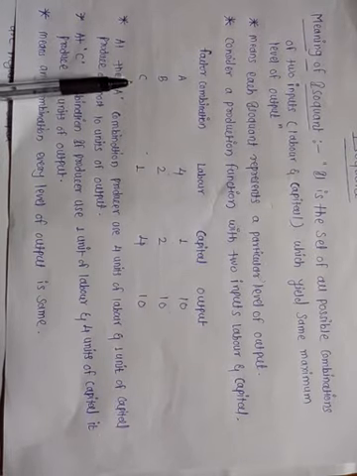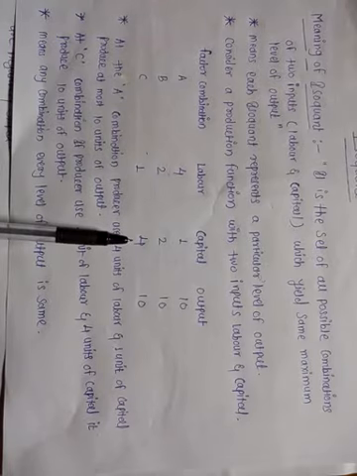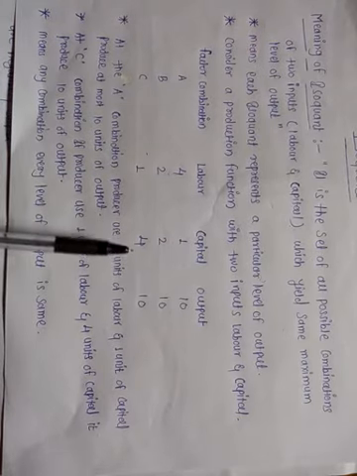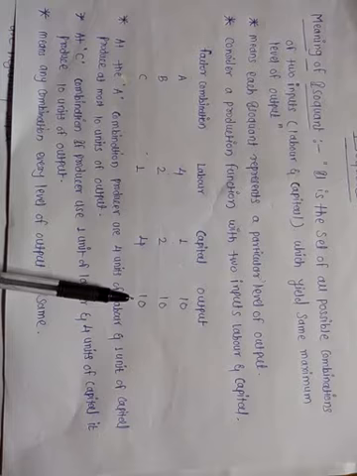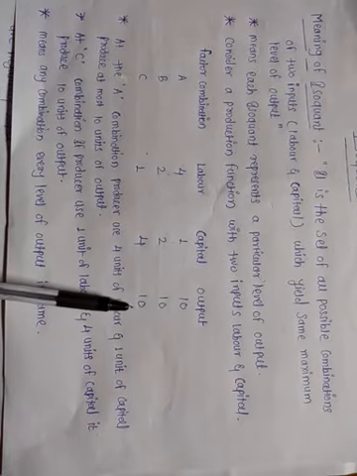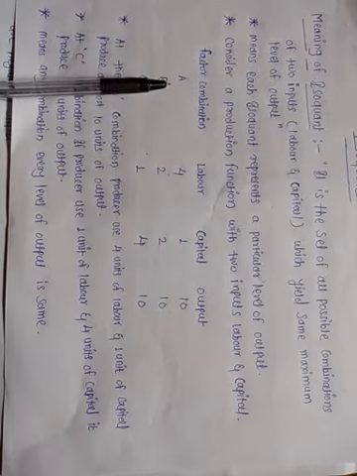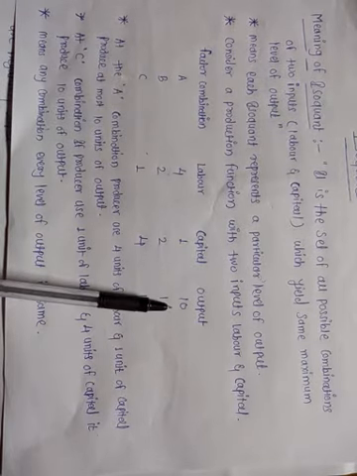Likewise, at combination C, if the producer uses 1 unit of labor and 4 units of capital, it produces 10 units of output. Means for any combination, the level of output is the same. See here, at combination A, output is 10 units.